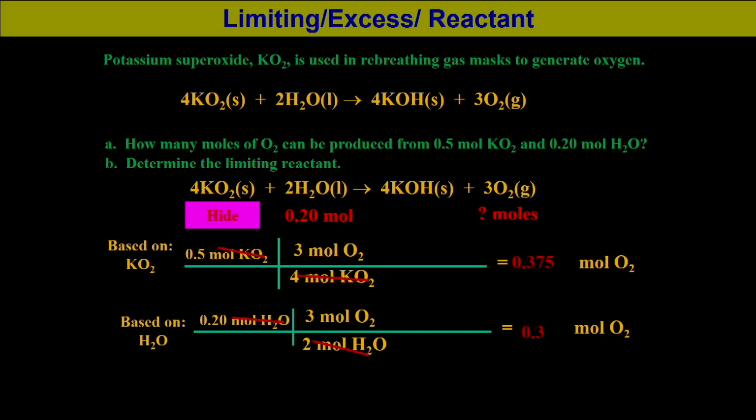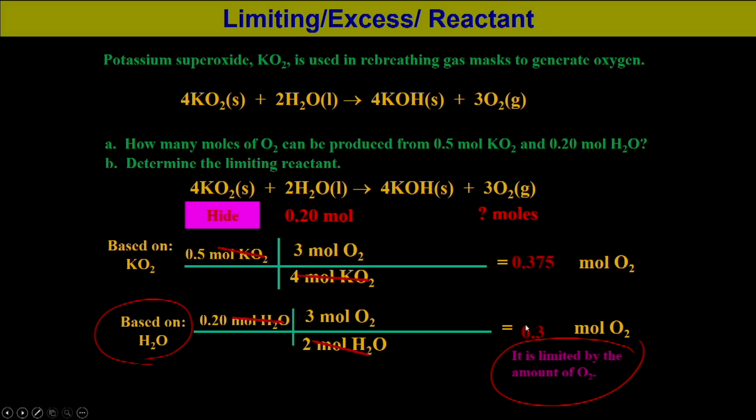That means this water is the limiting reactant, because this is the minimum quantity produced compared to that based on KO2, and KO2 is the excess reactant. So, this way we can find out the limiting reactant.